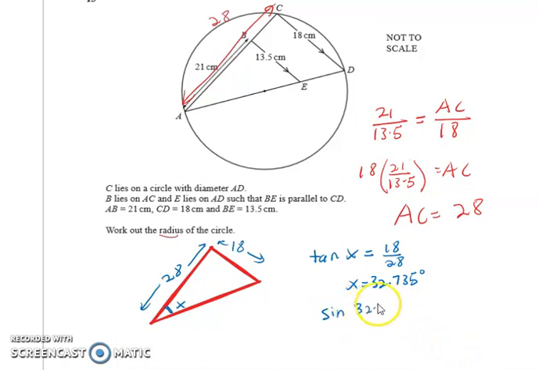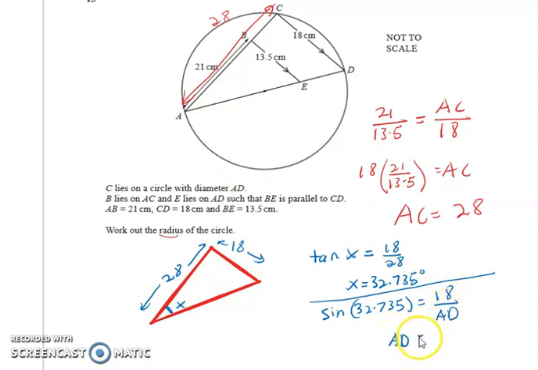By using this, for the same angle we can use sine 32.735. Sine is equal to opposite over hypotenuse. The hypotenuse is AD, so we make it AD here.